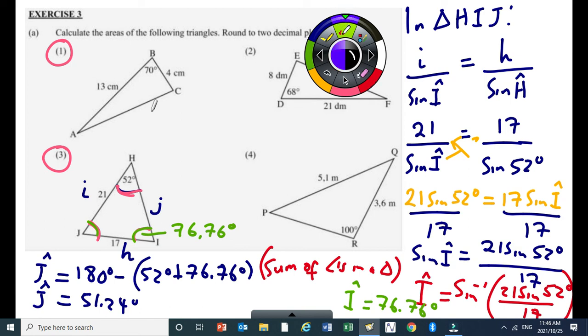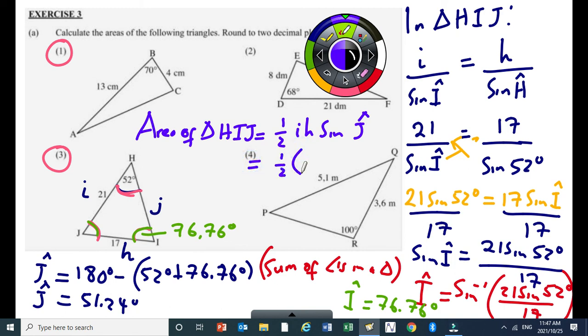Allow me to do it here. So the area of triangle HIJ is going to be half IH times sine J, which will give me half times small i, which is 21, and my small h, 70, times sine 51,24.